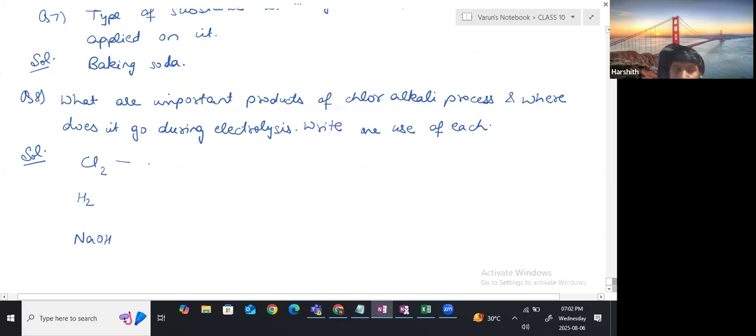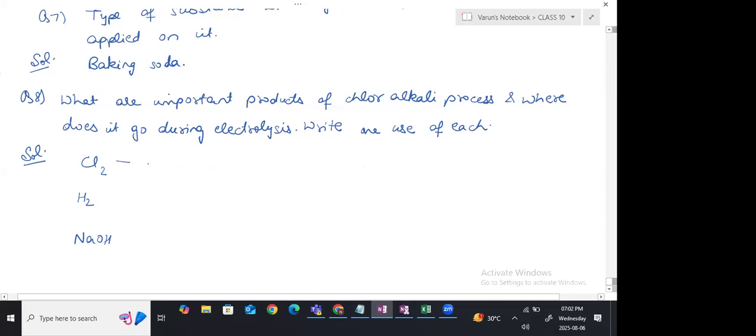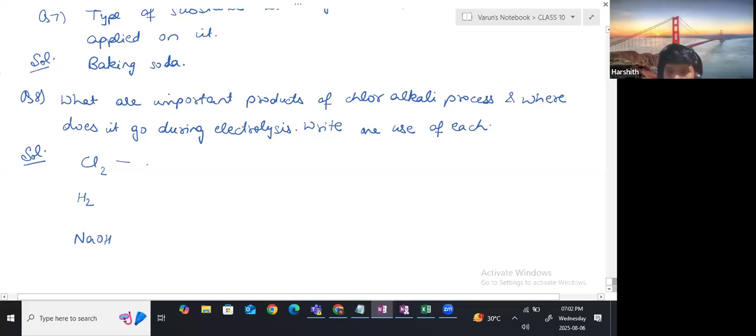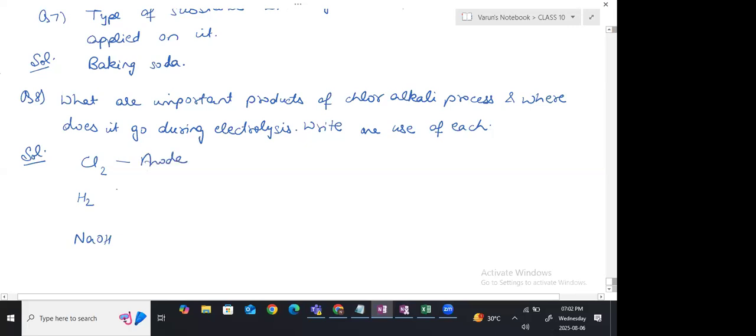Chlorine will go to the anode, hydrogen gas at the cathode, and caustic soda also at the cathode. Chlorine at anode, sure. And NaOH is left in solution near the cathode. Yes, you will write near cathode.